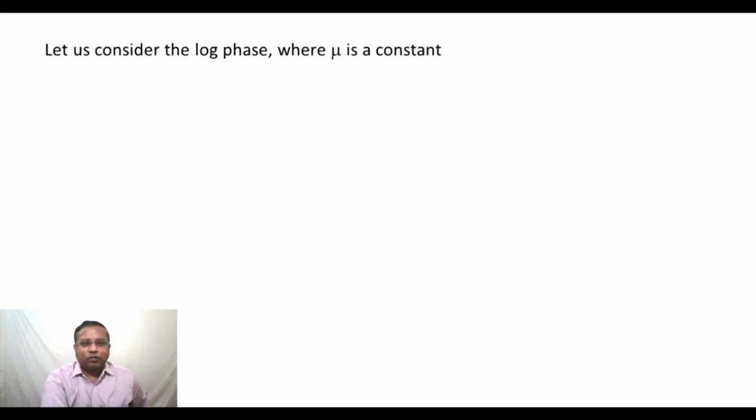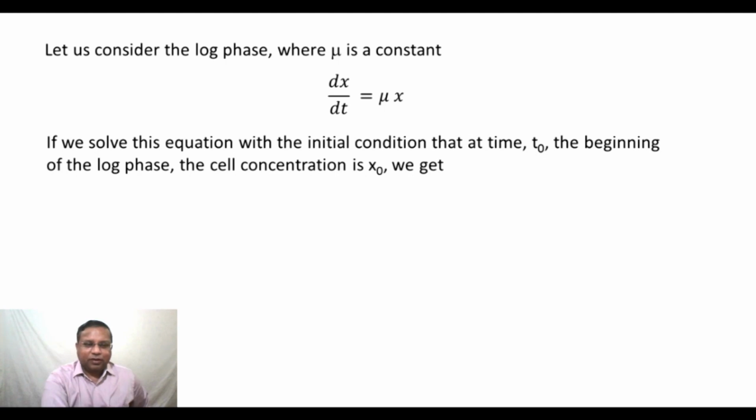In the log phase, mu is a constant. Therefore, dx dt equals mu x. Mu can be taken to be a constant here. If we solve this straightforward first order differential equation, you need at least one initial condition to solve.